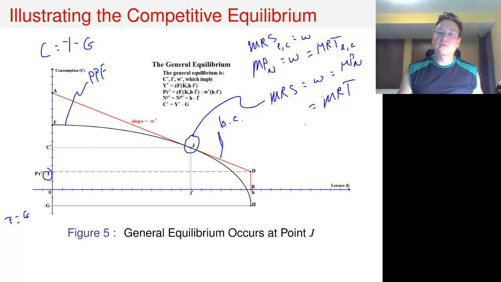So all of those things are equal at this point J. And because we have imposed that goods markets and labor markets are clearing, we have at point J what the general equilibrium is.